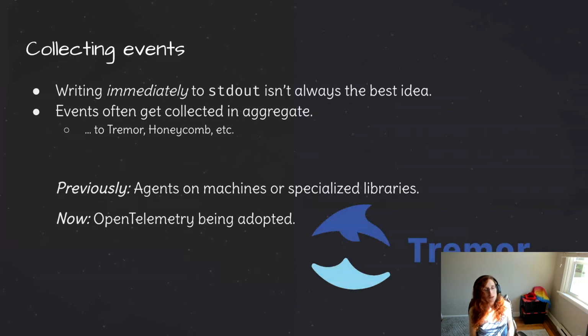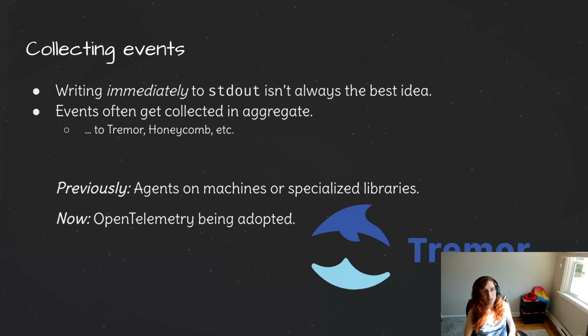More than that, though, tracing allows you to hook in with things like OpenTelemetry. So I mentioned earlier that writing to standard out blindly isn't always the best idea. Your organization might use something like Tremor or something like Honeycomb or whatever, and they might want to collect events that way. And tracing has built-in support for this.